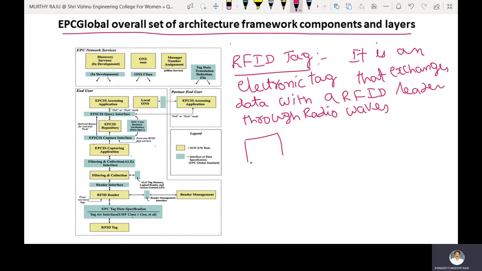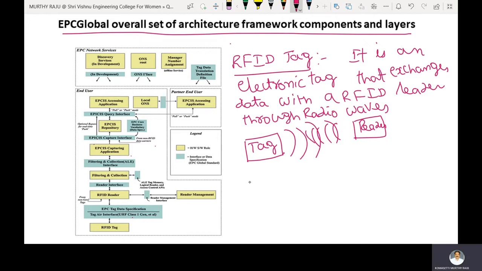This one is a RFID tag. This one is radar. Radar generates radio waves. From that, the tag also sends a feedback signal to the radar. It is an electronic tag that exchanges data with a RFID radar through radio waves.